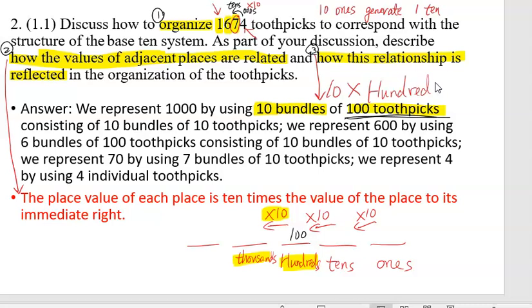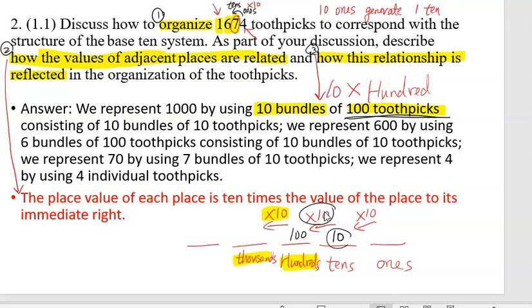I also explained where the 100 place comes from. If you don't want to say this part, it might be okay. But it comes from 10 bundles of 10 toothpicks, which means each 100 bundle consists of 10 bundles of 10s.